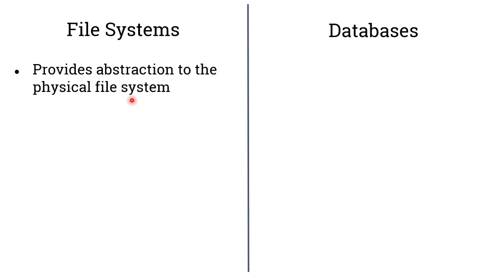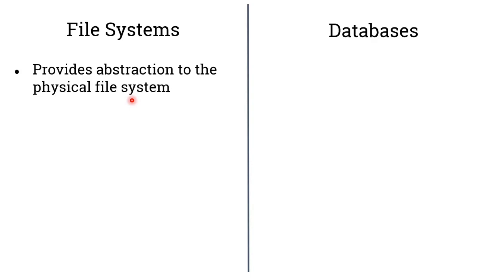Do you as a user have to do something special? Let's say if you're copying from a floppy drive, or I'm not sure if some of you have seen floppy drives or not, but let's say if you copy from your hard disk to your USB device, is it seamless for the users, or does the user have to run a special program or do something special? The file system is an important component within the operating system, which gives you that abstraction, which makes that possible, so that the user doesn't have to deal with those hardware complexities.